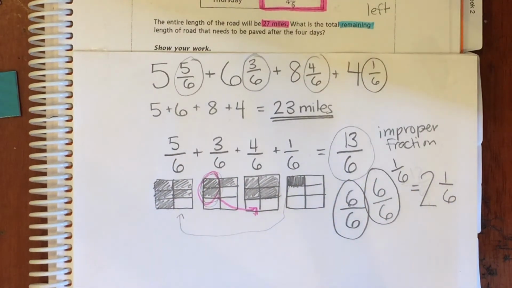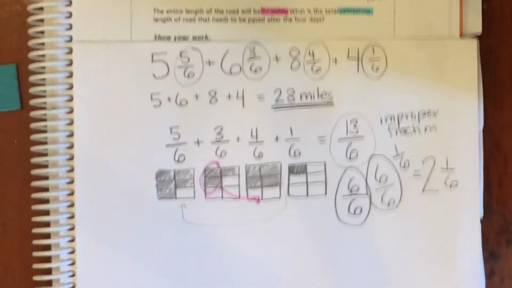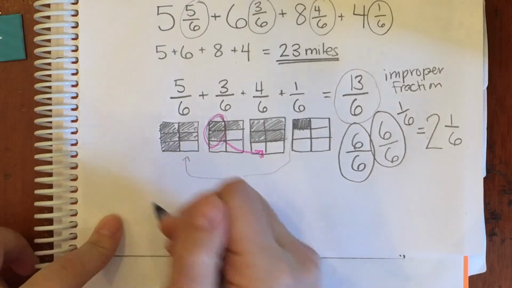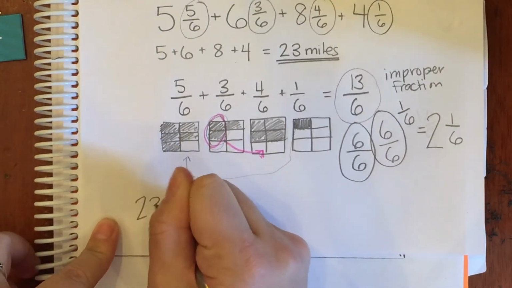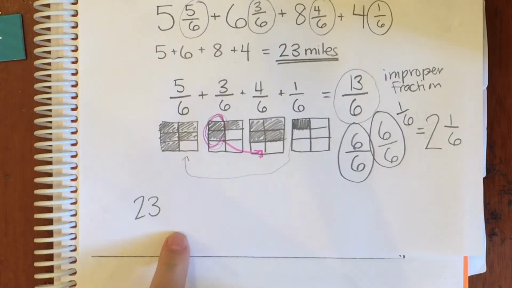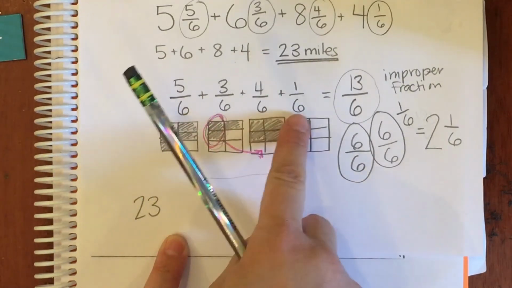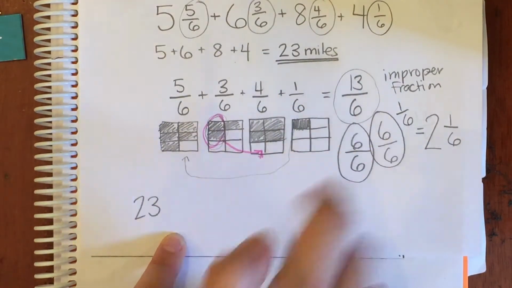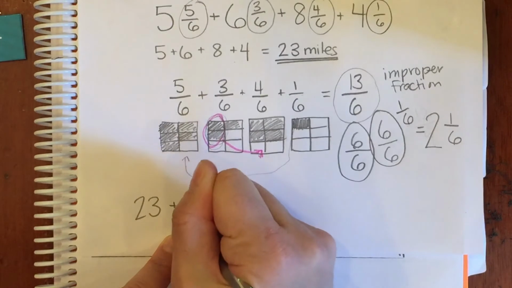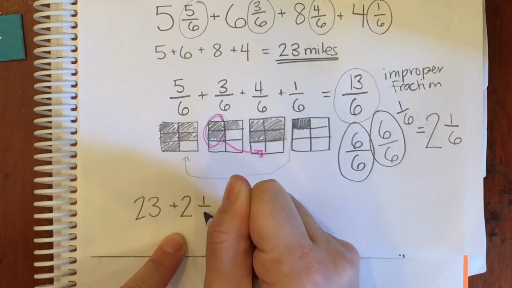All right, so now that we have figured out what our fractional pieces are equal to, we're still not actually at the answer yet. This problem is very lengthy. So we had 23 full miles. And then we just figured out that these fractional pieces were equal to another 2 miles and 1/6.